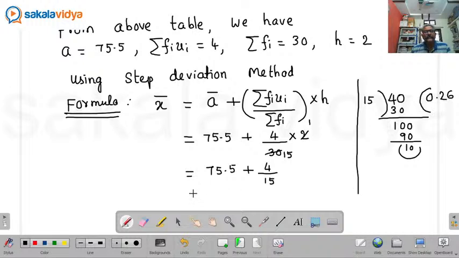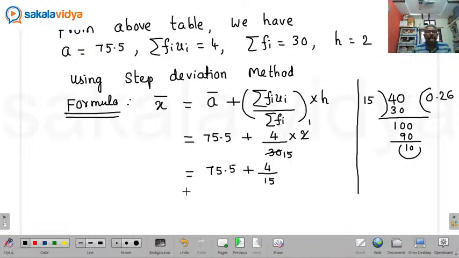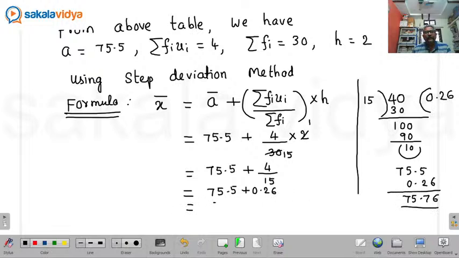So 0.26. Now we can write 75.5 plus 0.26, which gives 75.76. This is the mean, 75.76.